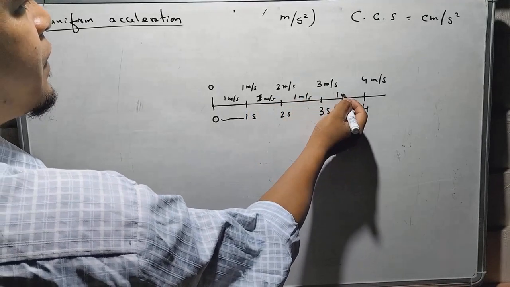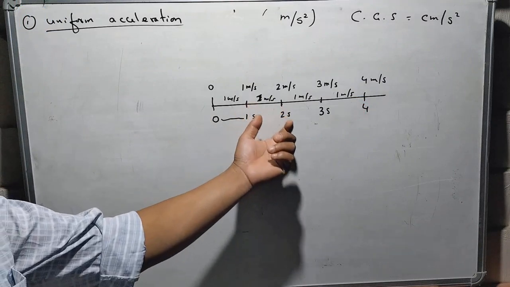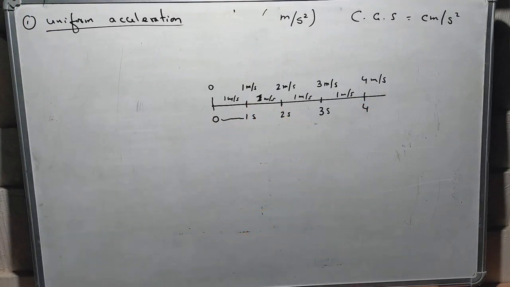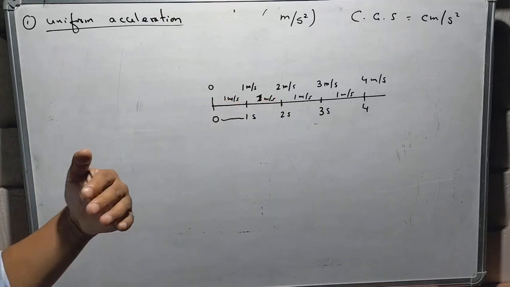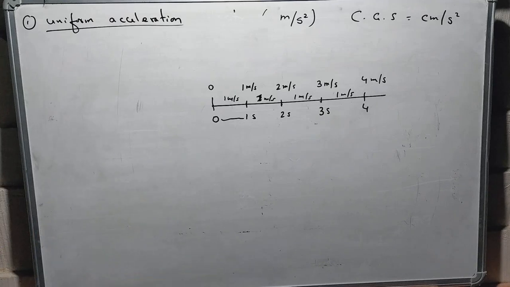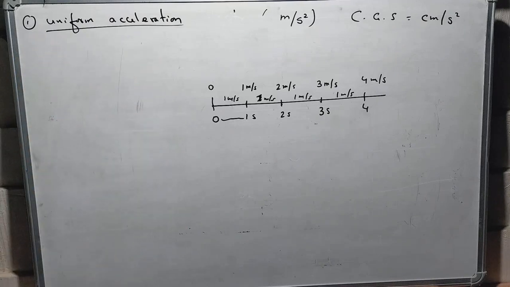So the velocity is changing at an equal rate. That means for every 1 second, the velocity increases by 1 meter per second. If the body is moving in this way, then we say that the body is uniformly accelerated, or that the motion has uniform acceleration.